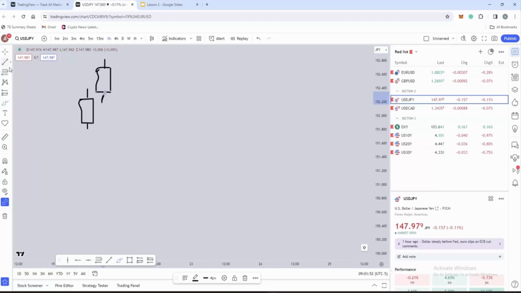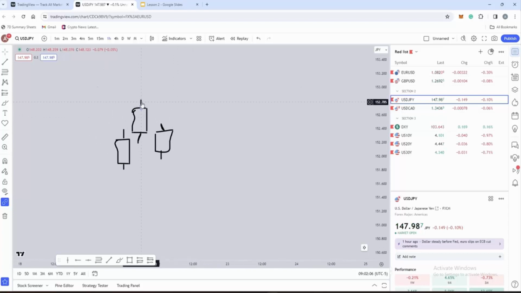Just imagine that straight. Okay, so this here would be our swing high. Swing high formation.